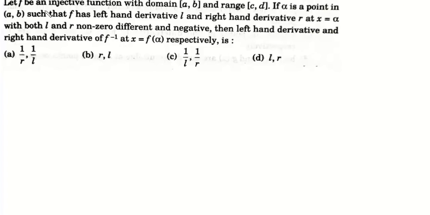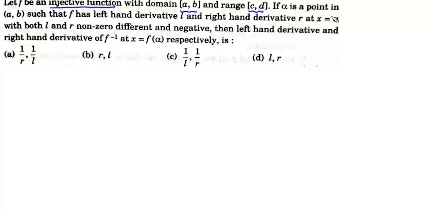In this video, we'll discuss a very interesting and unique problem in differentiability. It says that we are given a function f which is an injective function, that is, it is 1-1 in the domain a to b and range c to d.